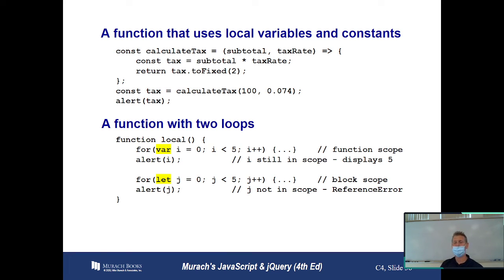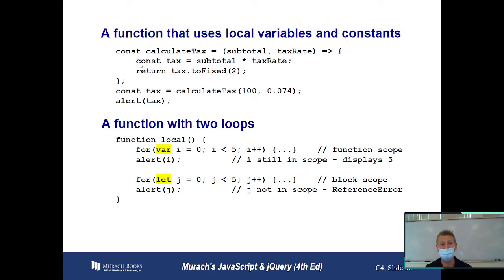A local variable, though, is only accessible to that block of code. When you're looking at this slide, it says a function that uses local variables and constants. Subtotal and tax rate right here, these are called parameters. And these parameters are known as local variables, meaning you can only work with them inside of this function.